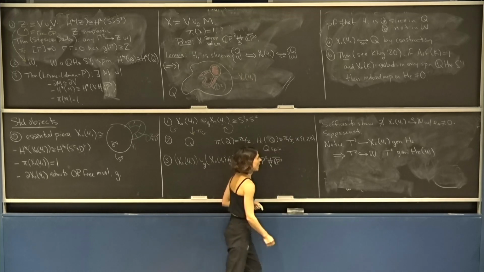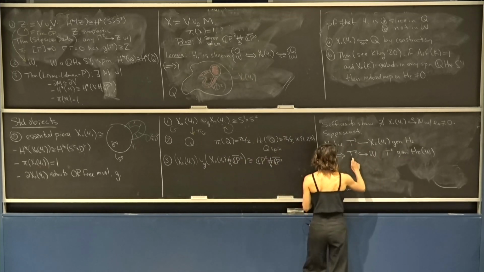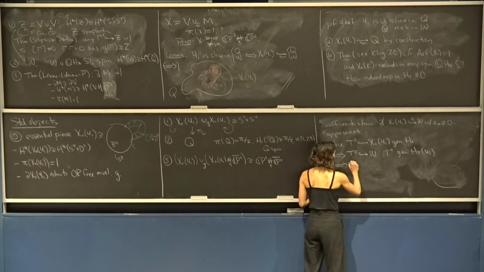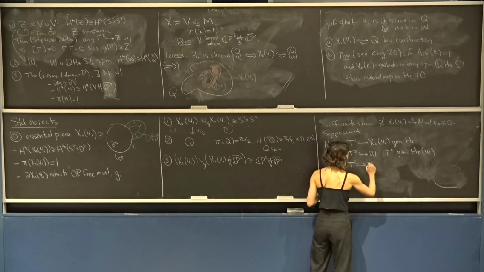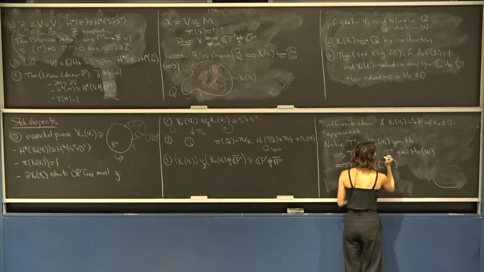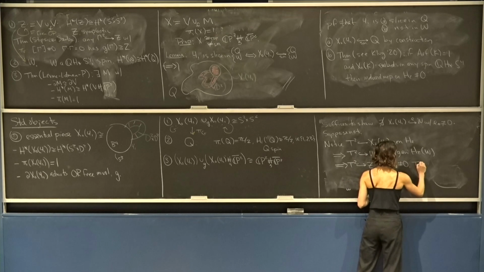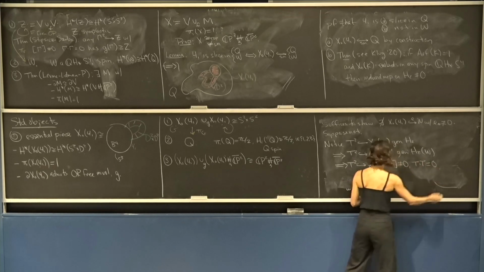Okay. And now we can look at this twofold cover of W, lift this T2 up to Z, and we're going to get an embedding of T2 in Z, where at least we know that it lives in some non-trivial class. And you can also check it still has to be square 0.